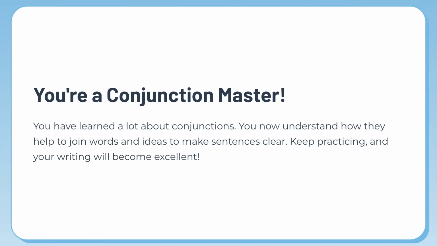Correlative conjunctions like either, or, and not only, but also, work in pairs to balance ideas. Subordinating conjunctions like because, although, and when show relationships between main and dependent ideas. And some adverbs like before, after, and until also act as conjunctions to connect events in time.